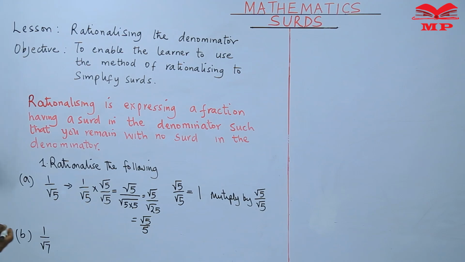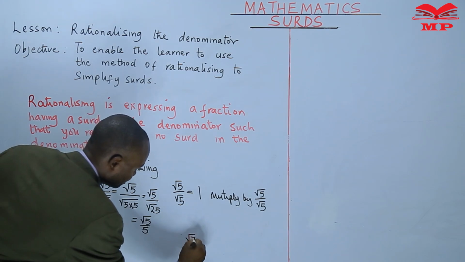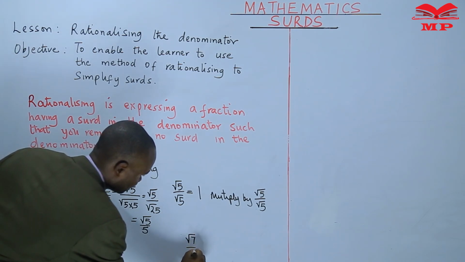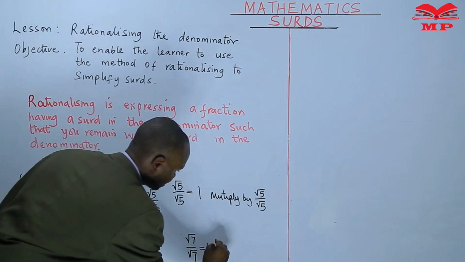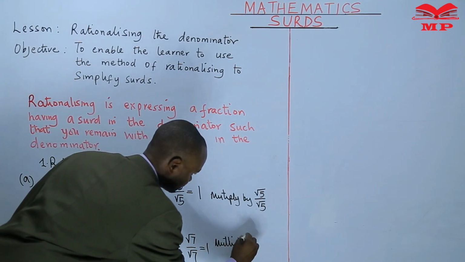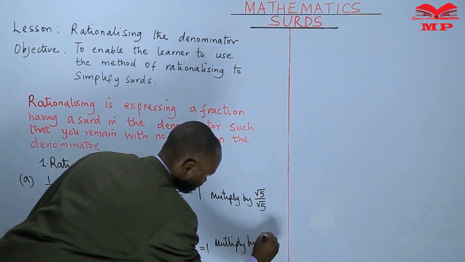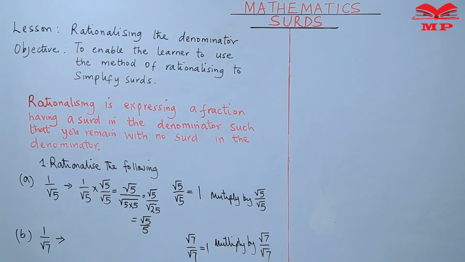It will still be the same. You'll say square root of 7 over square root of 7 will be 1. So you'll multiply by square root of 7 over square root of 7.